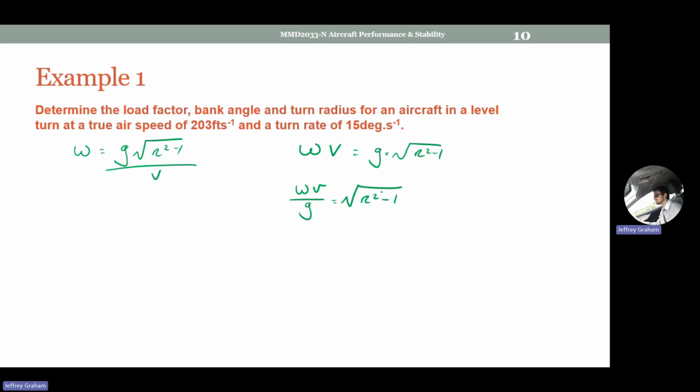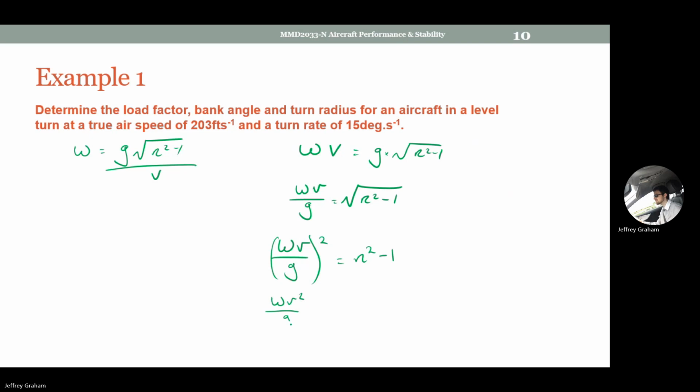So the inverse of a square root is to square both sides. We're after n, the load factor, so this needs to stay on its own. It's positive, so we need to get rid of anything else on that side, which is the minus 1. The opposite of subtracting 1 is to add it.